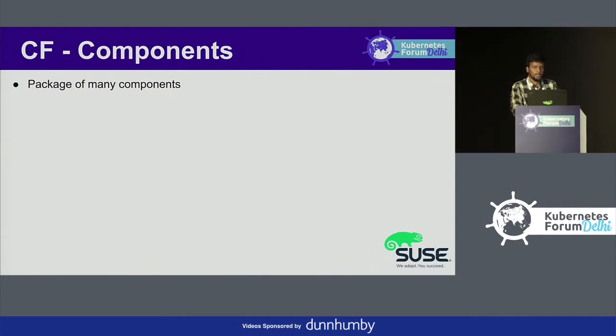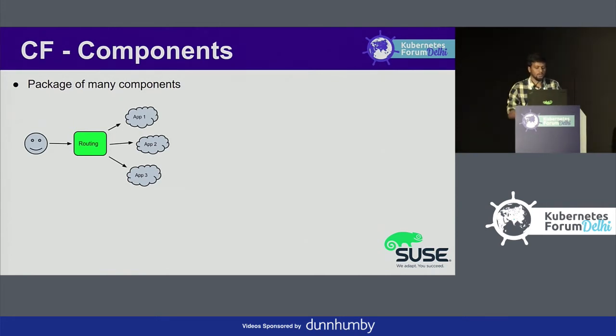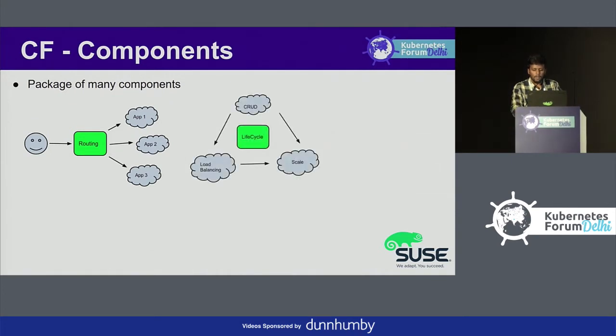Let's get a bit deeper into Cloud Foundry. What is Cloud Foundry? It is made up of many components which take care of your application. Each component has a specific role in managing your application. For example, there's a component called router, which routes the request received to the specific app instance. And then building, deploying, lifecycle management, and also scaling and self-healing are all managed by the Cloud Controller and Diego components.